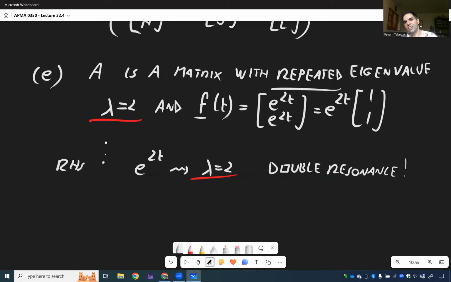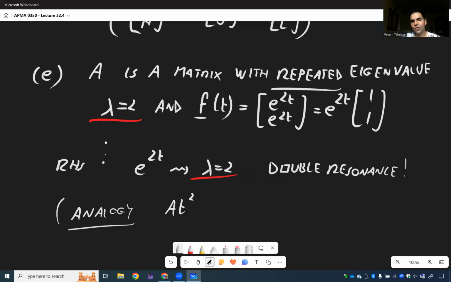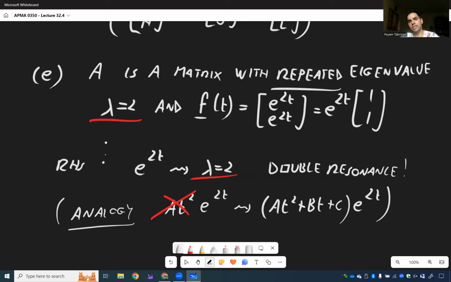Again, double trouble. And again, by analogy, before we had at squared e to the 2t, but now the correct analogy would be a quadratic term. So (at squared plus bt plus c) e to the 2t.